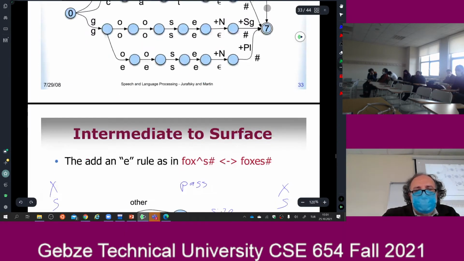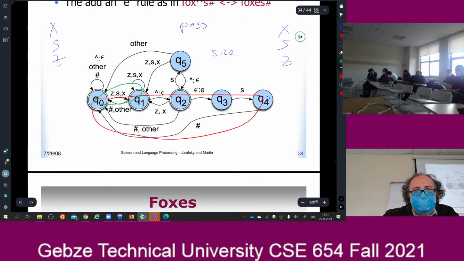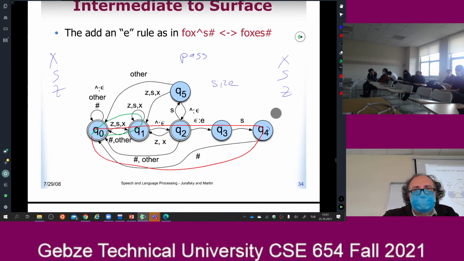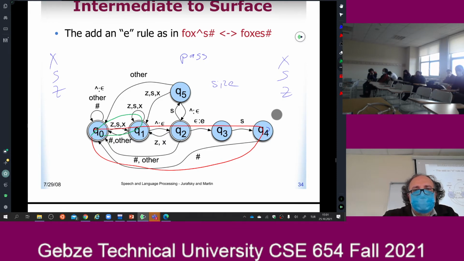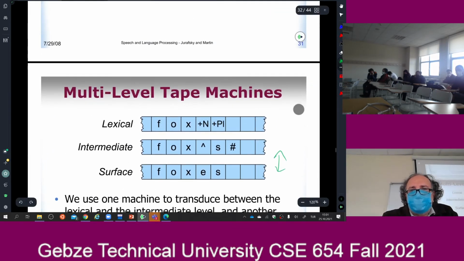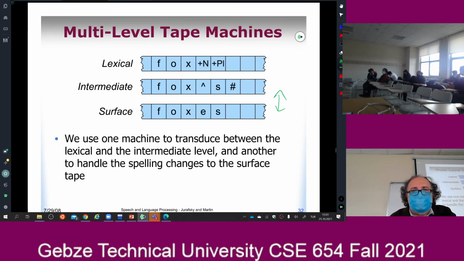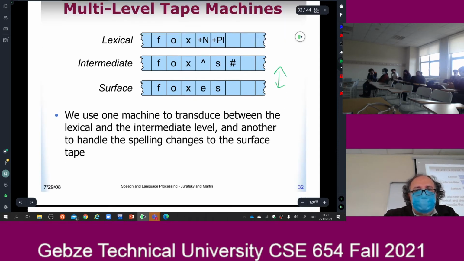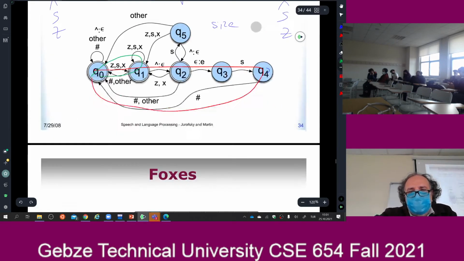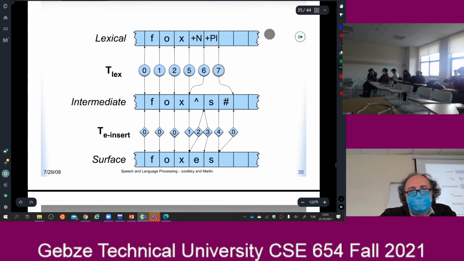This one handled this E rule before the S, X, and Z letters. For this level, it doesn't matter if I have foxes or cats. This one will work from this level to that level. That's the finite state transducer.